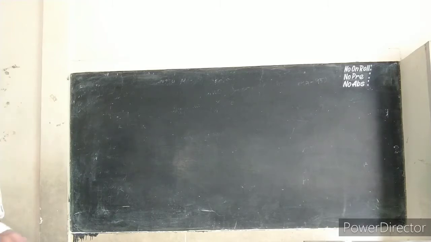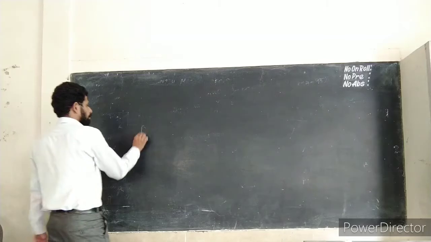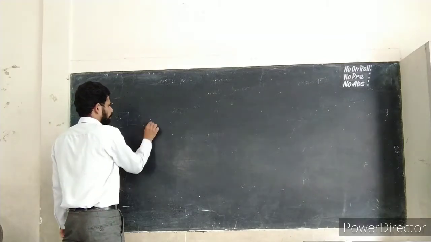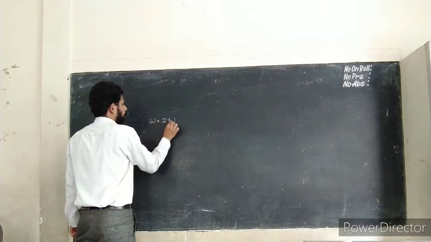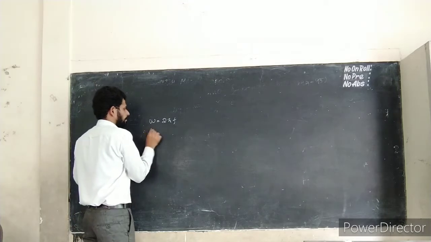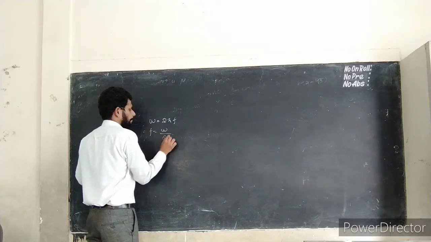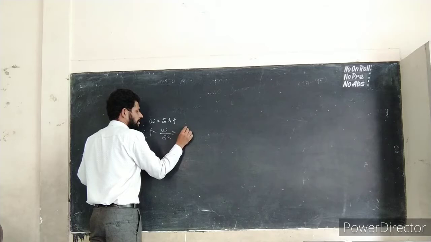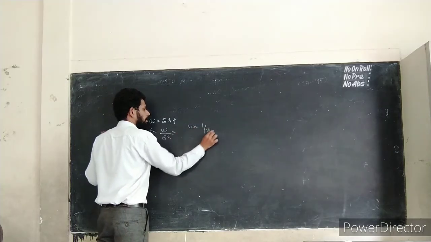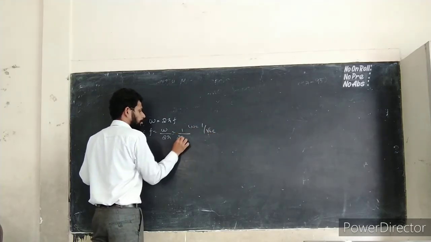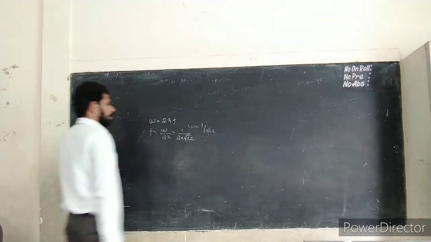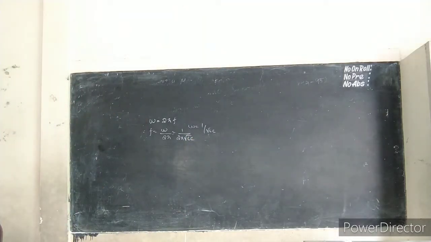The frequency is called the resonating frequency. Now listen, we know that omega equals 2 pi f. So f is equal to omega by 2 pi. What is omega? Omega is nothing but 1 by root LC. So f is 1 by 2 pi root LC.